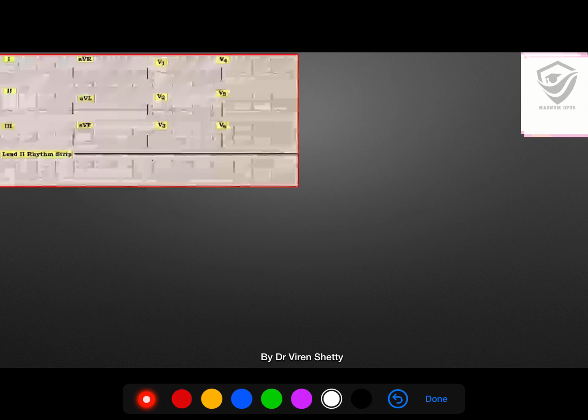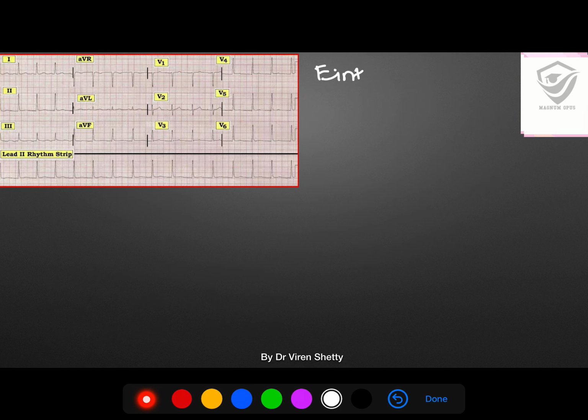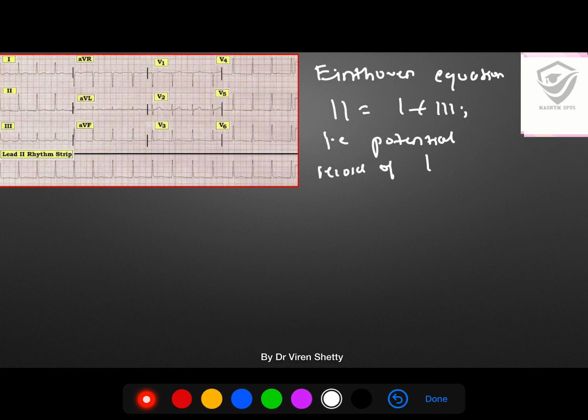There's something called as the Einthoven equation. This Einthoven equation says that 2 is equal to 1 plus 3, that is the potential record of lead 2 is equal to the potential record of lead 1 plus lead 3.